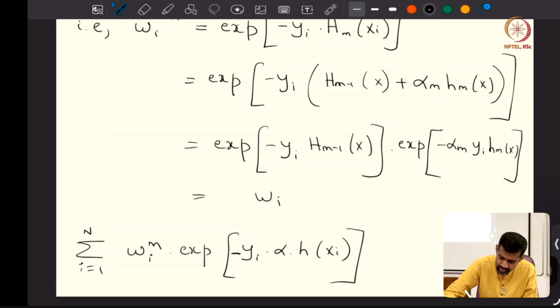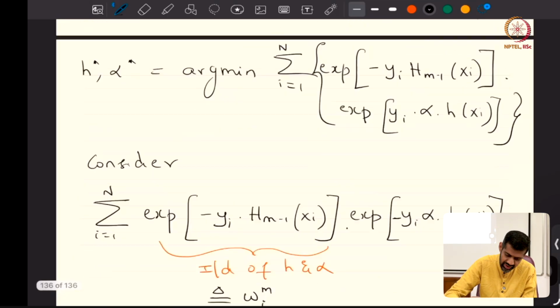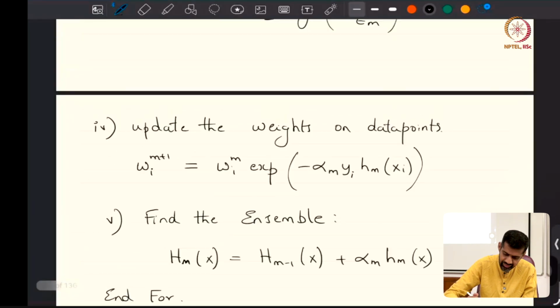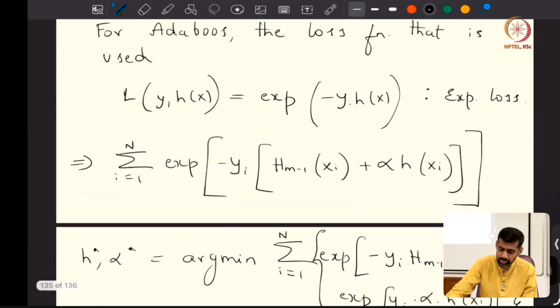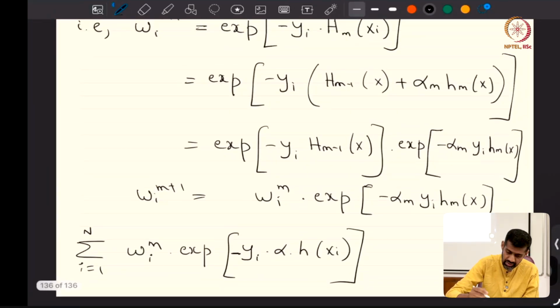This is wi m times e power minus alpha m yi hm of x. This is exactly what we had here, no? See this? So, we recovered this particular update. So, weight update comes from the definition of it, all right. Let us continue.